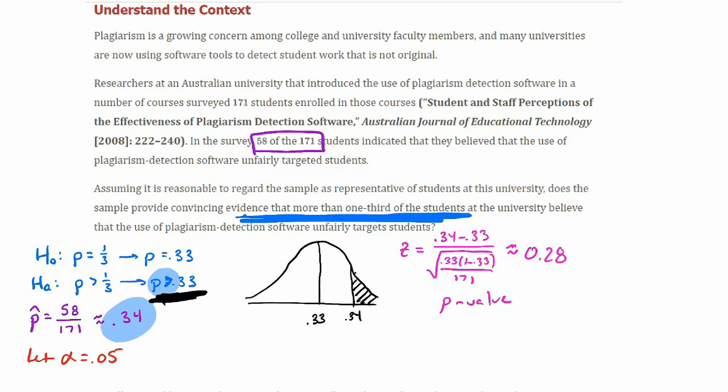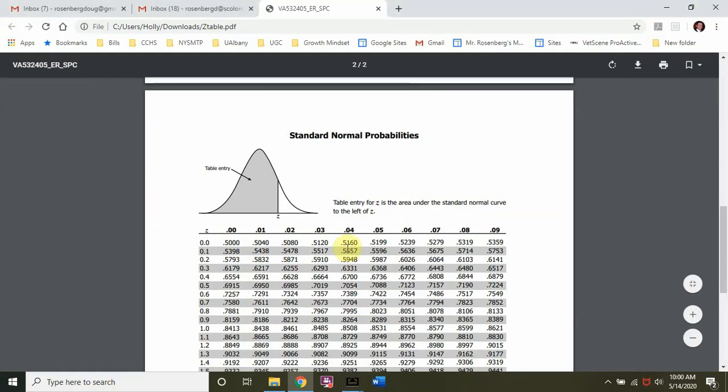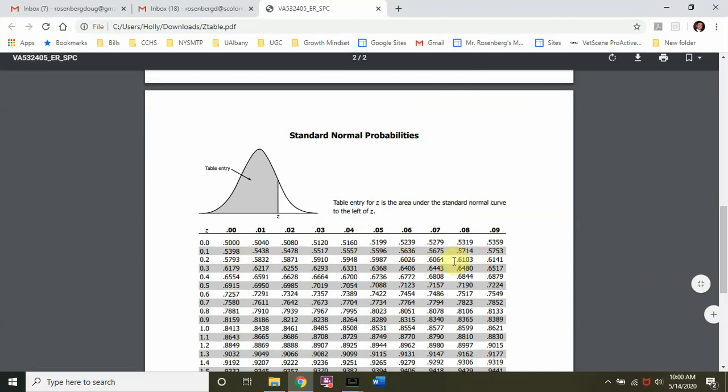The associated p-value, if we again go back to our z table here, 0.28 is, so the area to the left is 0.6103.